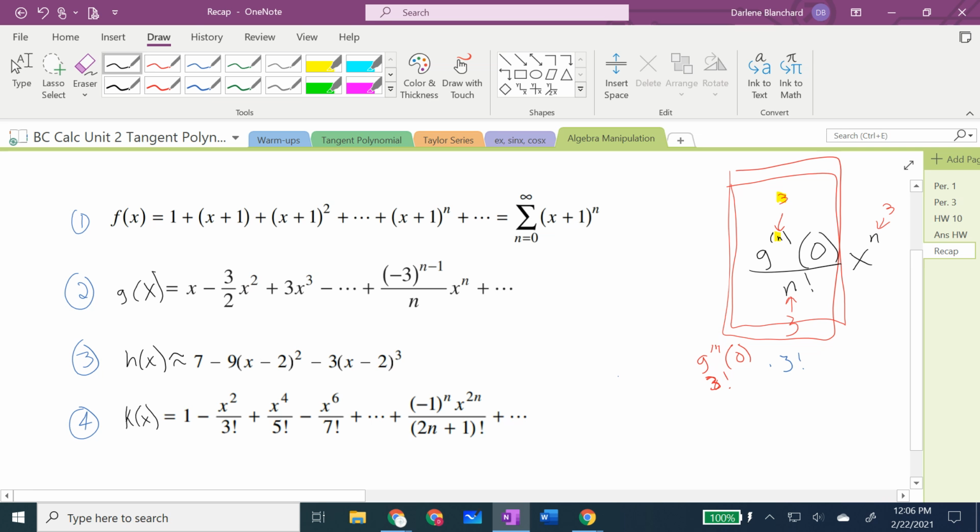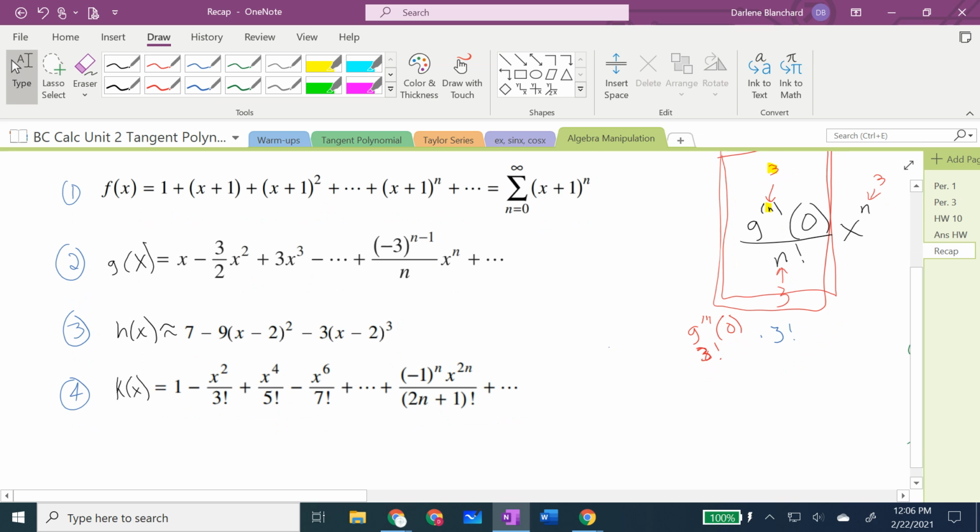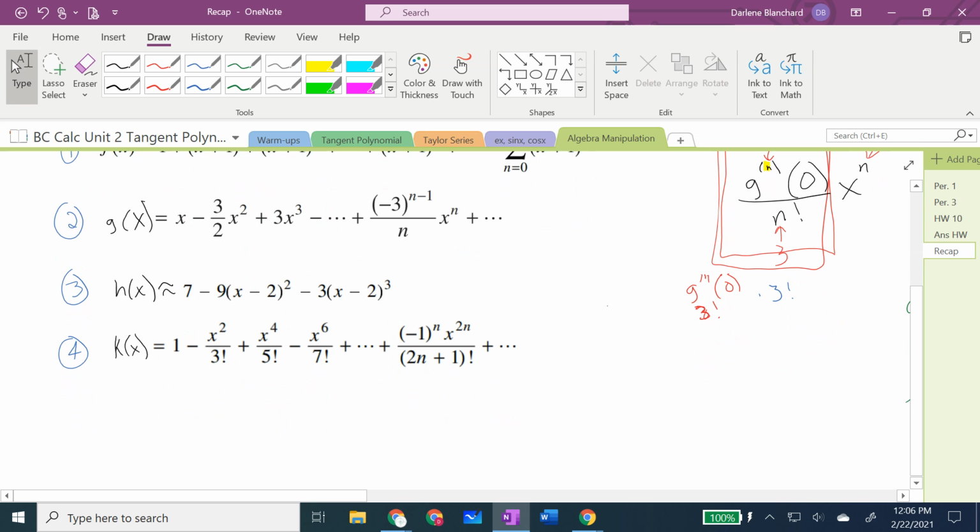Okay, now I want you to look at the h function. And I want you to tell me the second derivative of h at x equals 2.